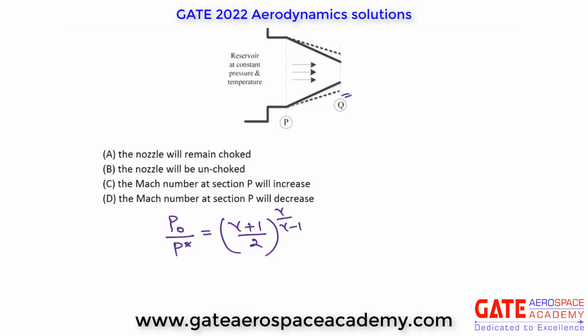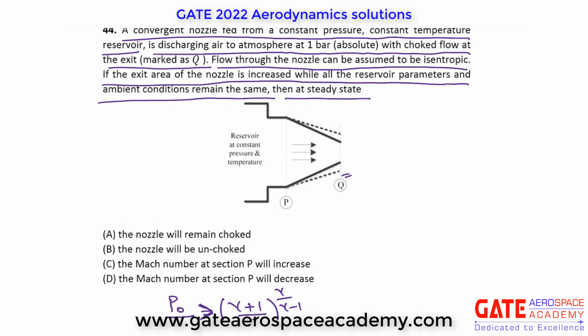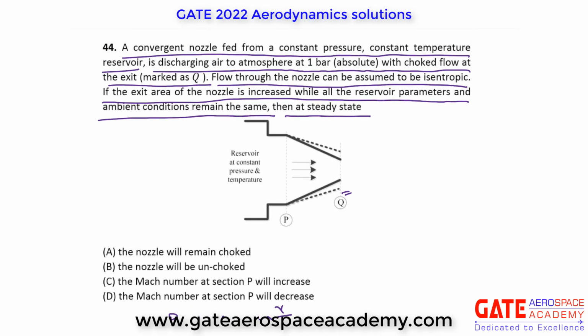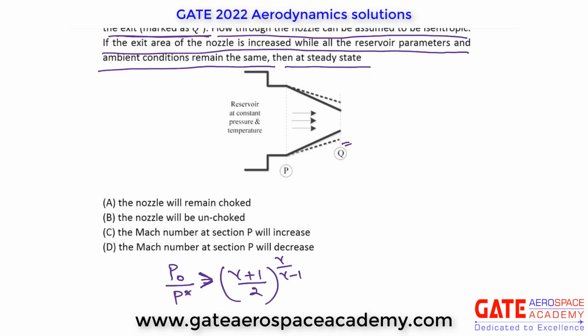Means the stagnation pressure of the tank should be at least 1.89 times the exit pressure, then only it will be choked. If the pressure ratio is more than this, then still the exit pressure will be P star only and it will be choked. So initially they are telling that it was choked flow at the exit, marked as Q. Now we are changing the area, but they are telling that all the reservoir parameters and ambient conditions remain the same, correct?